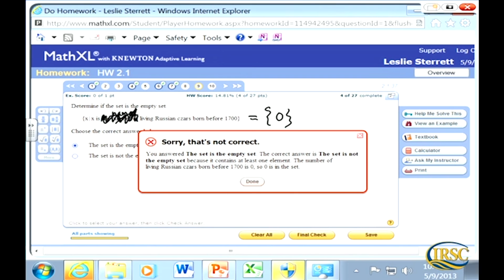Well, there are none that you can list in the set. Okay, so that's the difference between an empty set and one that has a number in it. All right, so they want to be very tricky with you guys to make sure that you really understand the concepts. So any other questions there?